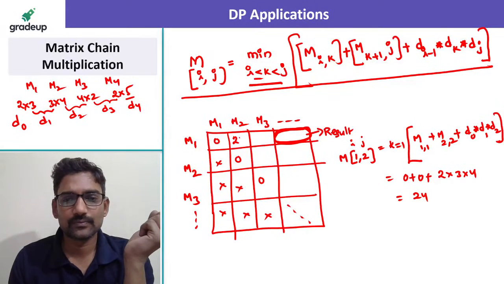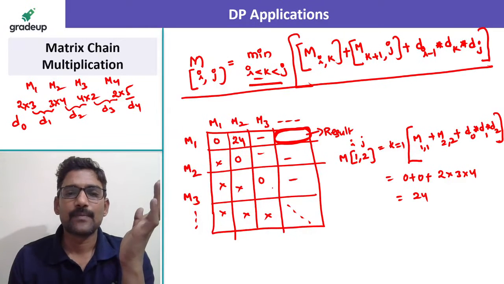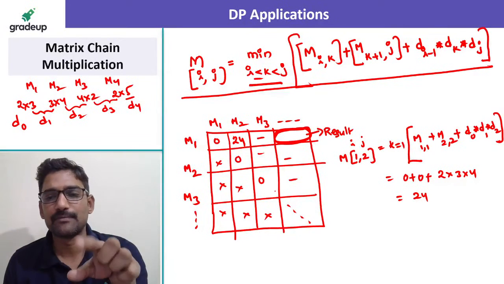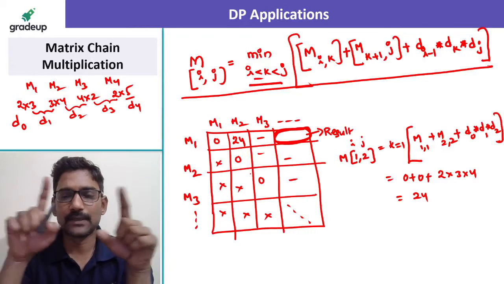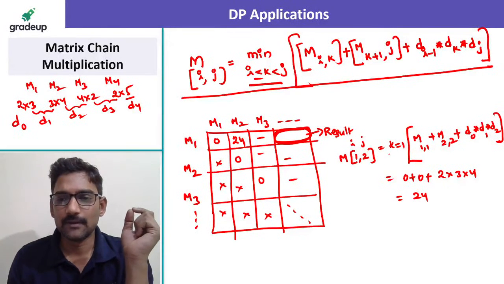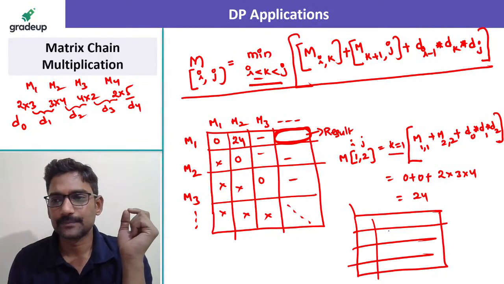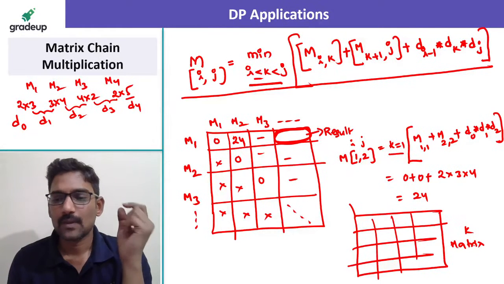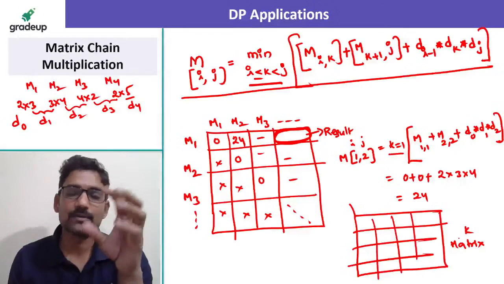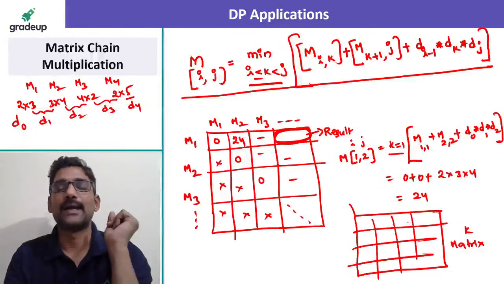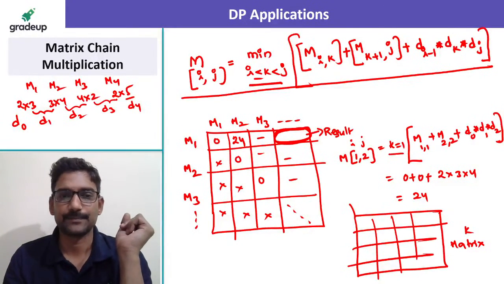M12. Like this, we use the formula and calculate the number of multiplications. And for the parenthesization, we will construct one more matrix called the K matrix. Based on these K values, we will find the proper parenthesization.